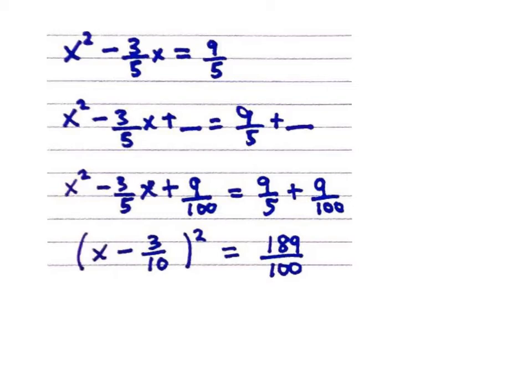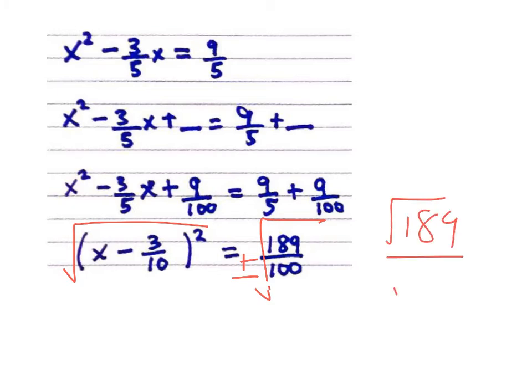Now we're going to take the square root of both sides on the next screen. So it's going to be plus minus the square root of 189. Now remember that we have to split the square root up into square root of 189 divided by square root of 100.